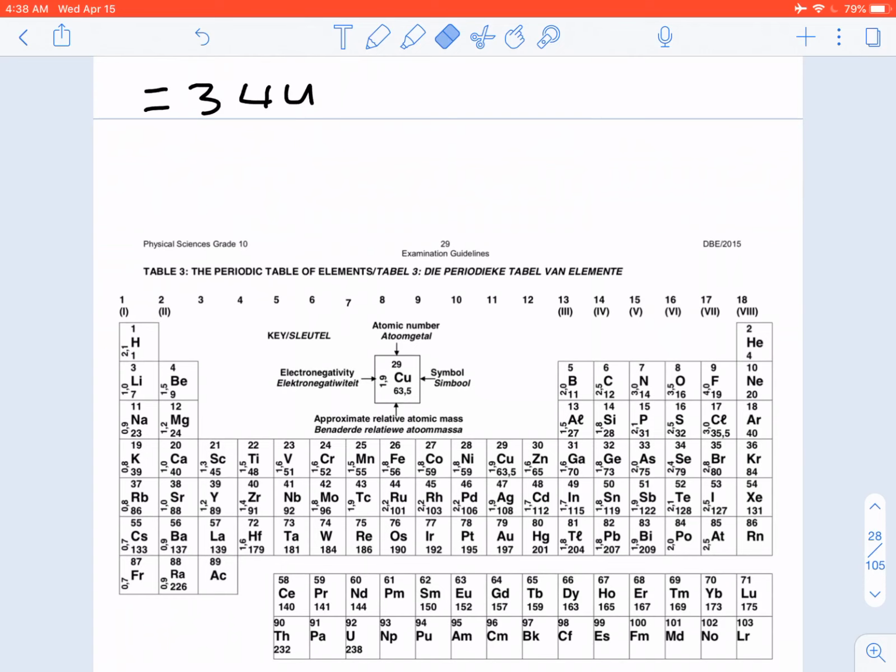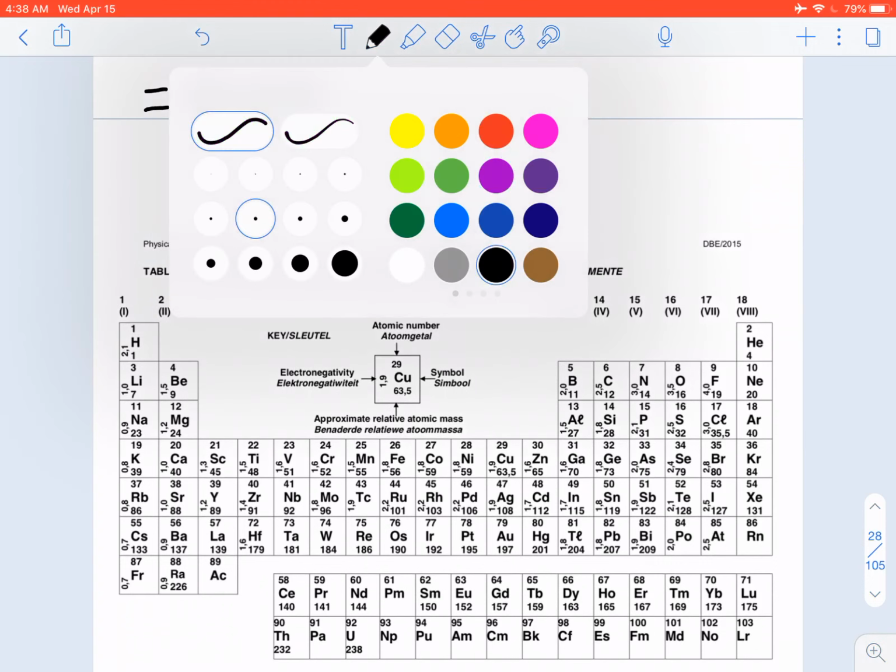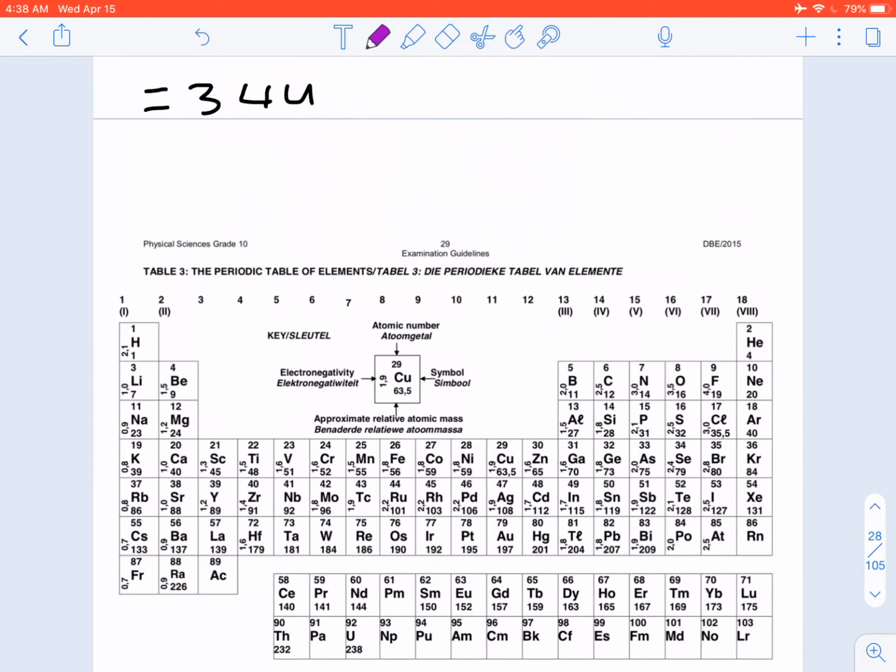Let's look at the periodic table. You'll see here you are given the approximate relative atomic masses, right? Most of these are given as whole numbers. Normally, these atomic masses are given to 3 and 4 decimals.